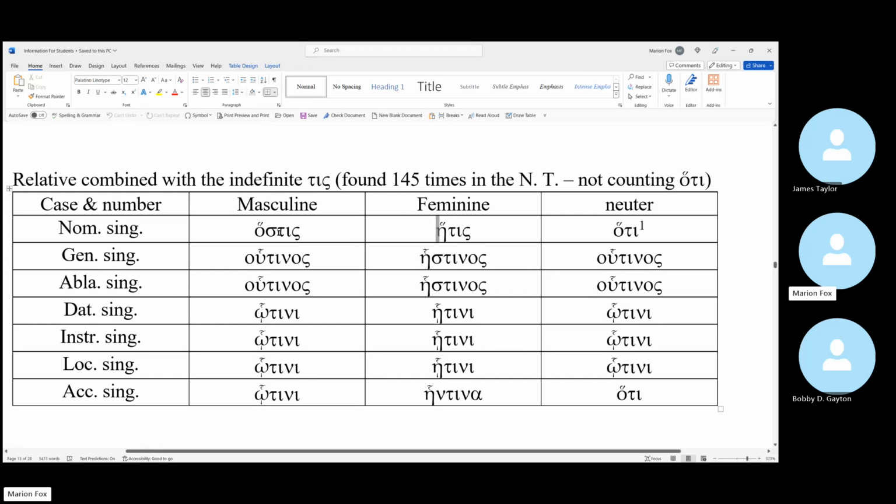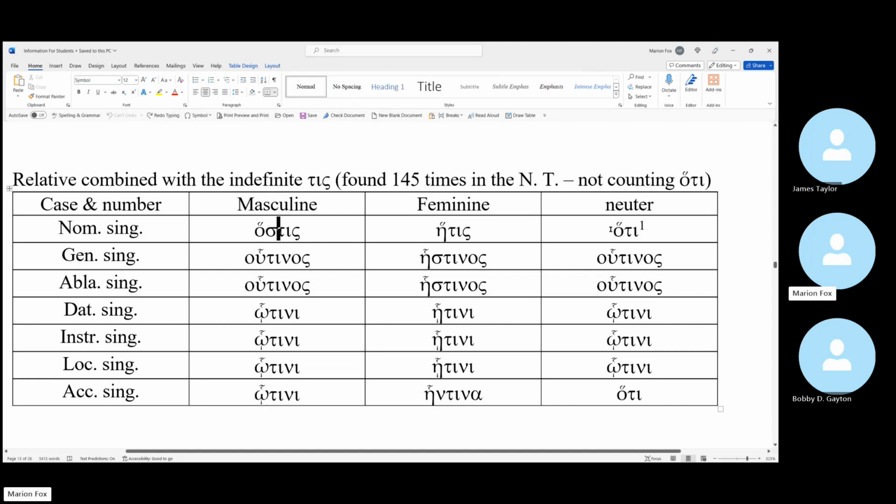What it is, it's hos and tis put together. Those two pronouns are put together and made into another pronoun. That's what that means, because tis is usually someone, anyone, that sort of thing. A certain one, yes. That helps a great deal.